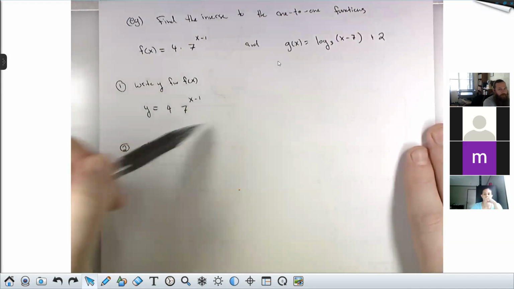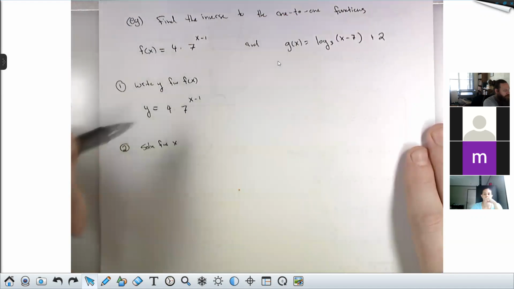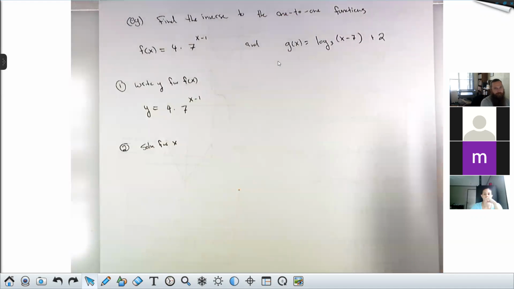So if I want to solve this expression for x, what's my first step? Yeah, so we've got our y equals here. If I want to solve this for x, what should I do first?